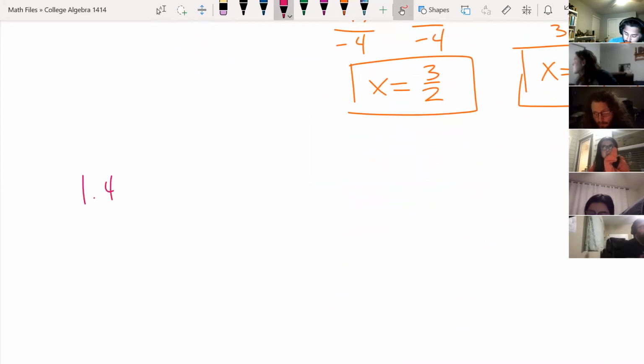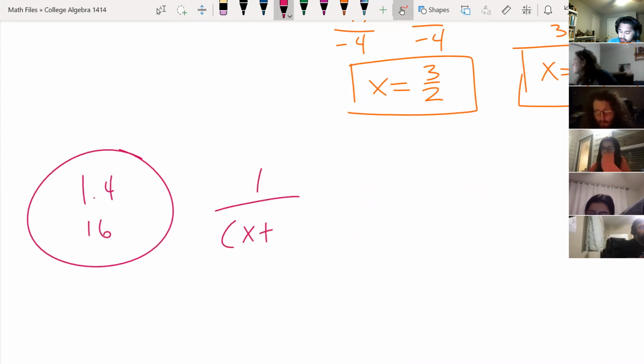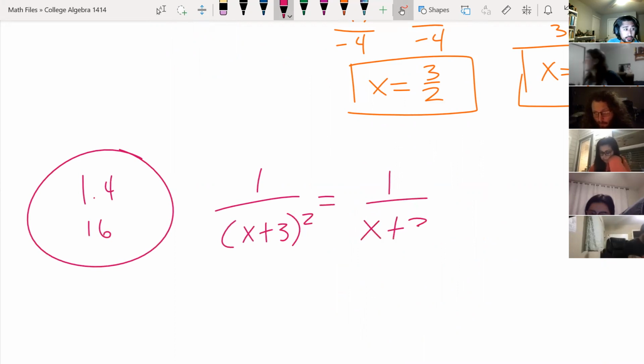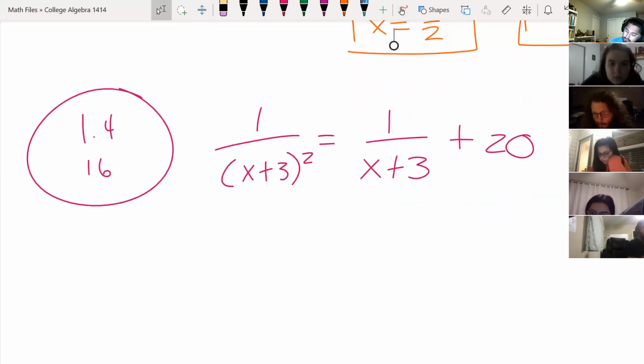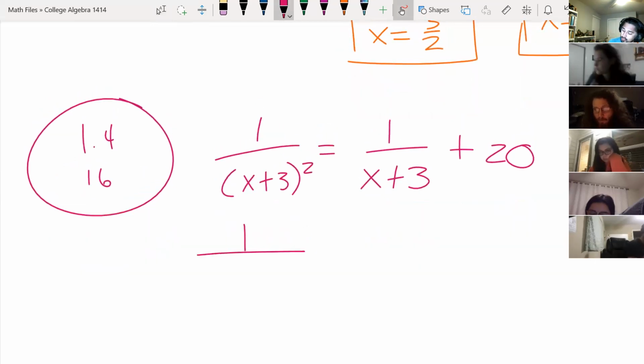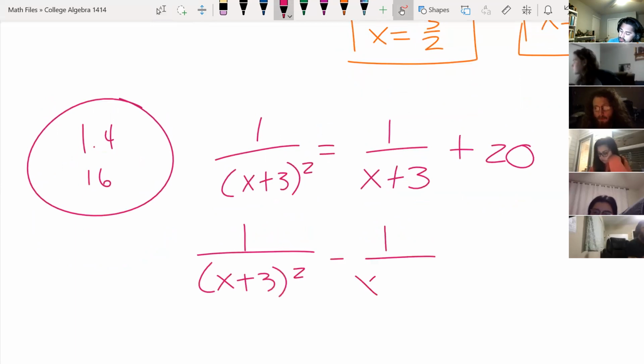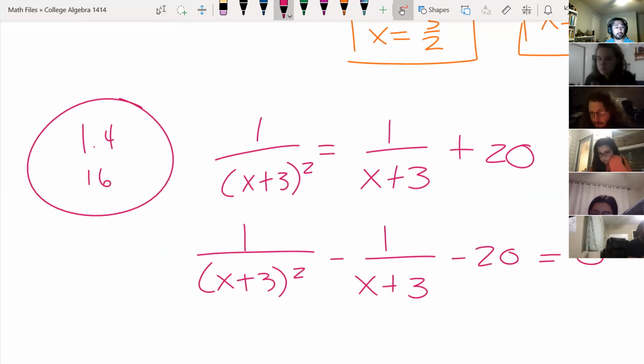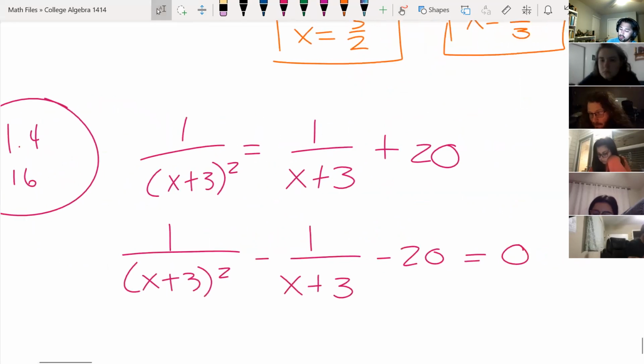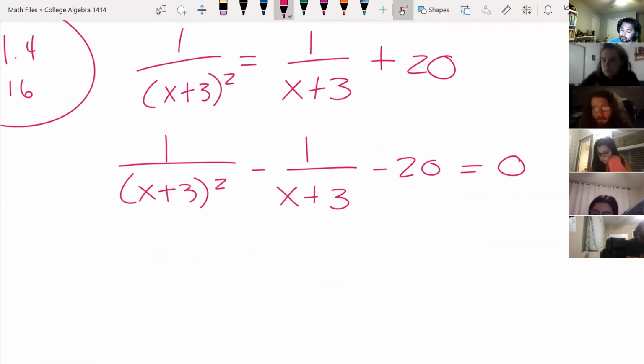So for 1.4, number 16, it's 1 over x plus 3 squared equal to 1 over x plus 3 plus 20. I'm going to move everything over to the left side. So you'll have 1 over x plus 3 squared minus 1 over x plus 3 minus 20 equal to 0. And then all we're going to do here is u substitution.